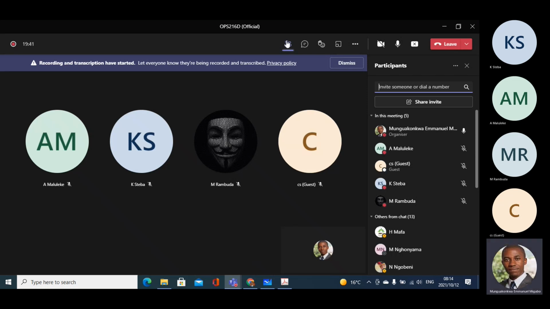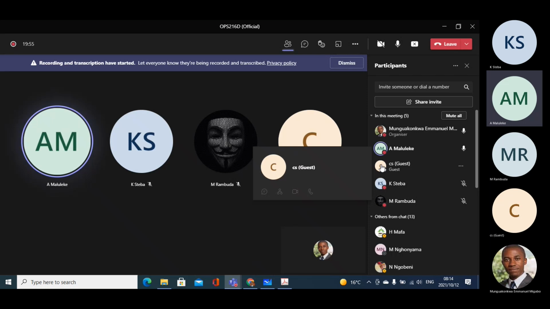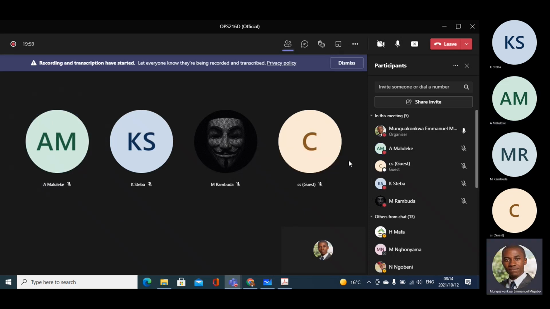At what network layer is the hub used? Tiba? I think layer 1. Layer 1, which is physical layer, right?